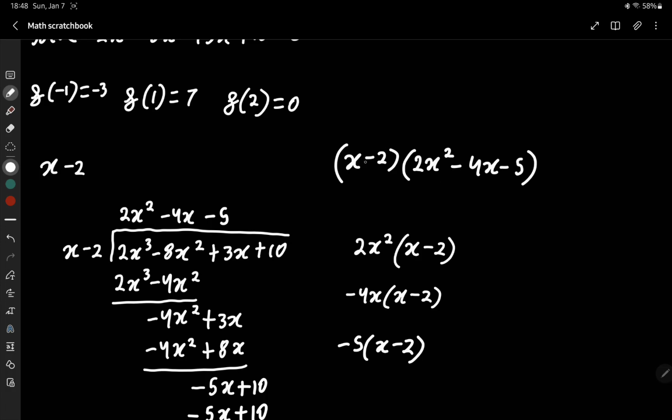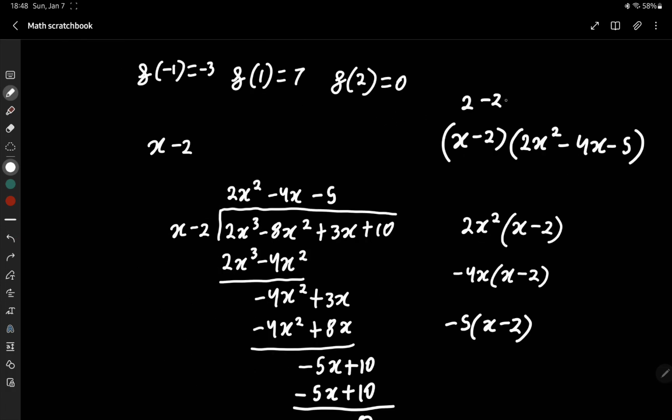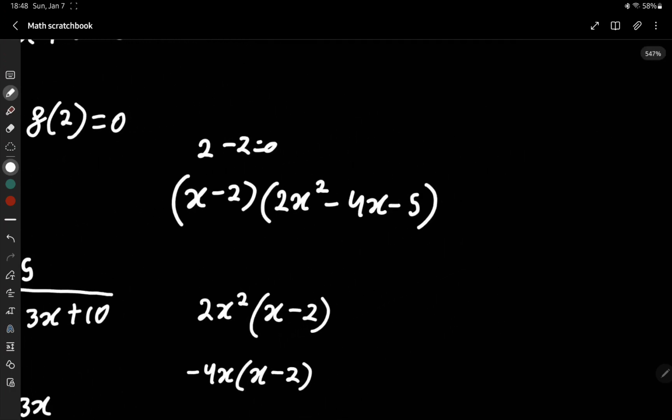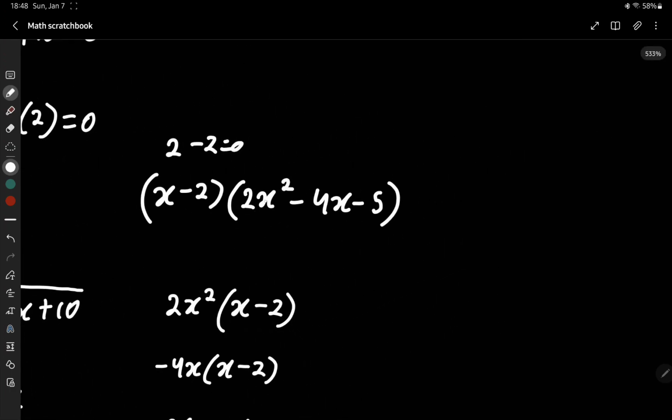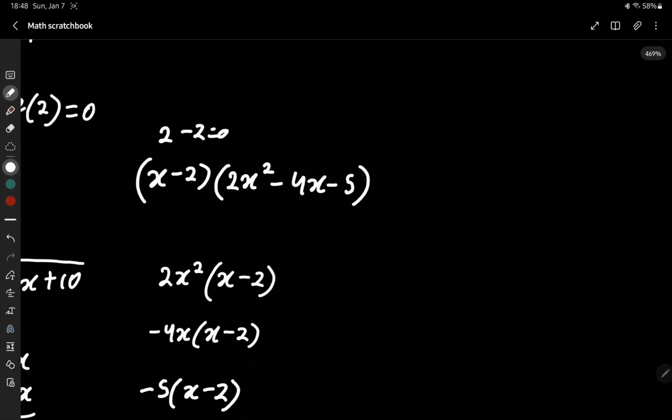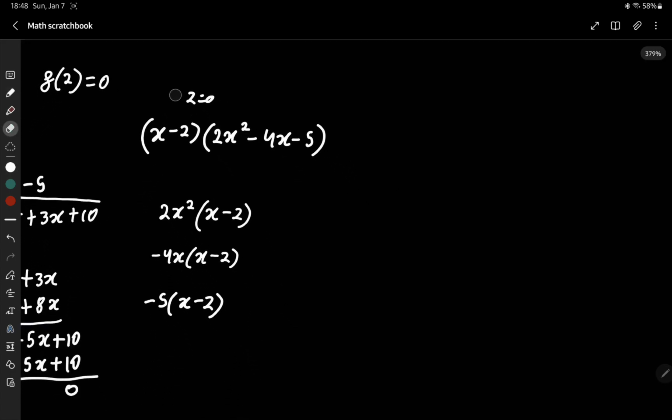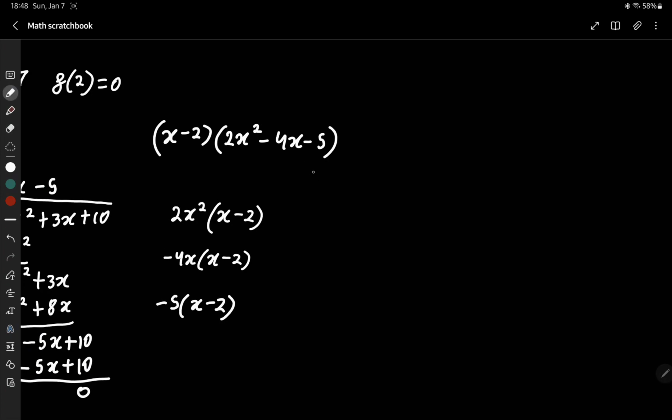And so we know that 2 minus 2 equals 0. So what we now need to find out is the values of x that make this 0. And we can easily do that by just plugging it into the quadratic formula.